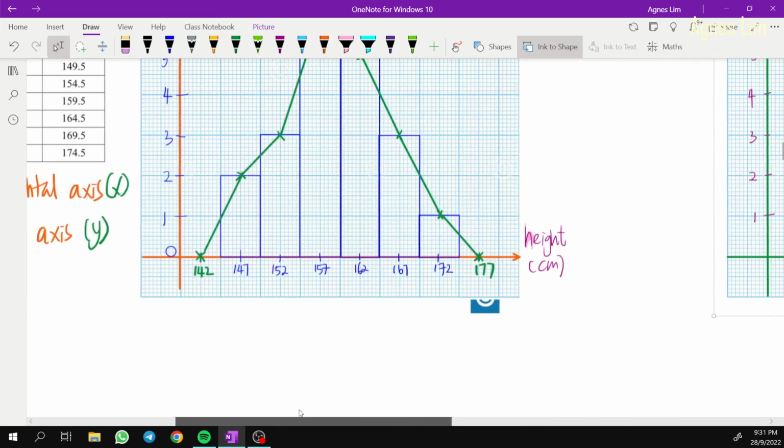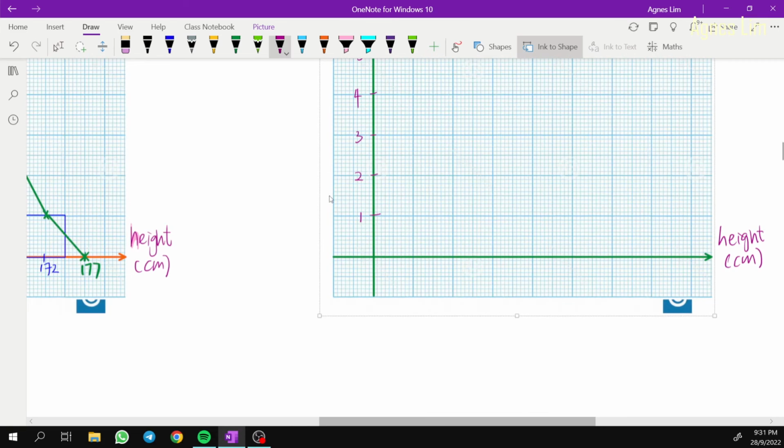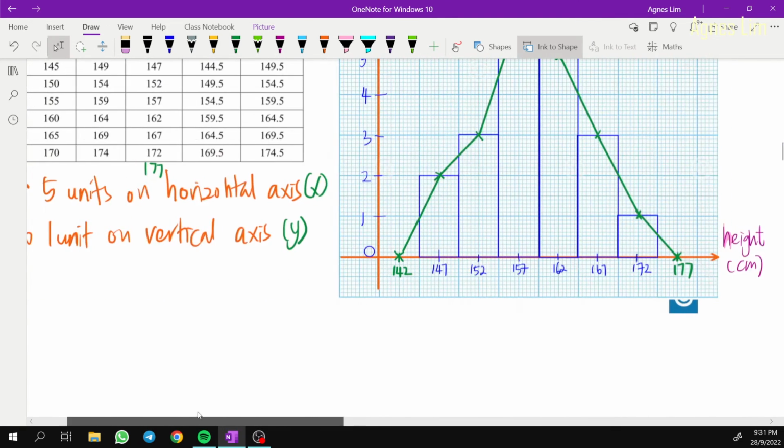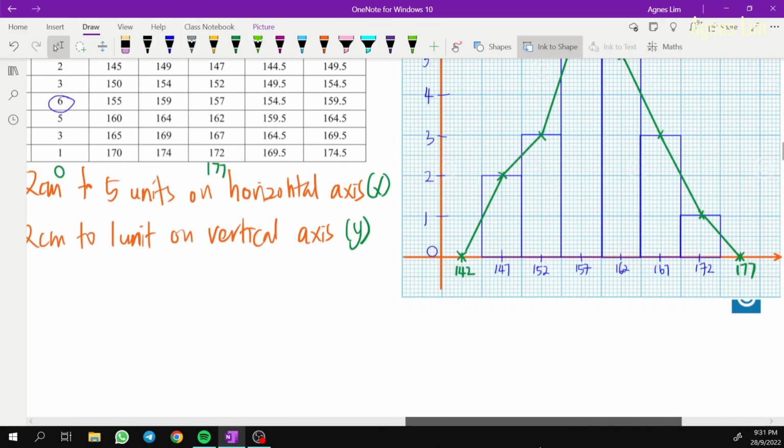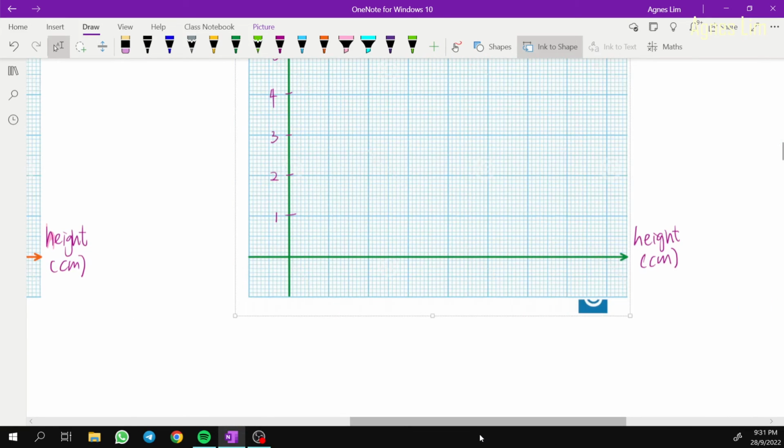Alright, so again, for the frequency polygon we use midpoint. We still use 2 centimeter to 5 units, so we are going to do like normal, 2 centimeter to 5 units.